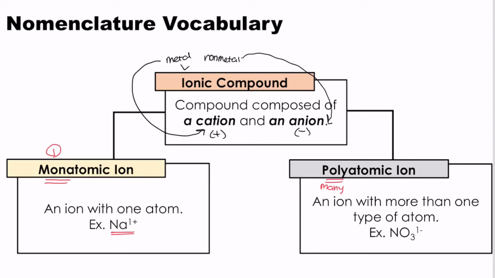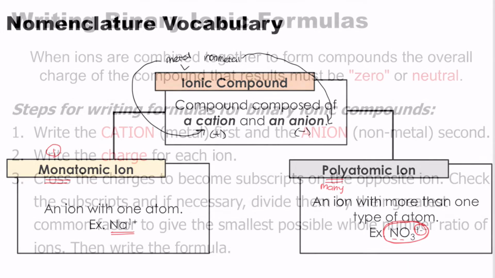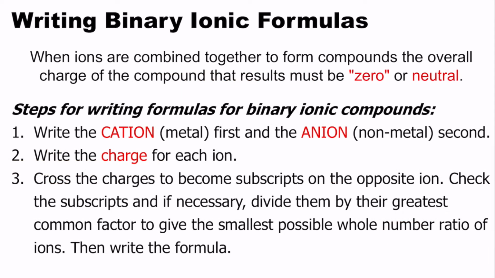So if it's made up of more than 1 atom, so many atom ion, kind of like the polyatomic ions you had to memorize. This would be an example of a polyatomic ion because it's made up of multiple atoms, nitrogen and oxygen, and it's a -1 charge. It's an ion. Okay. All right, so here is how you write a binary ionic compound. Really super simple.